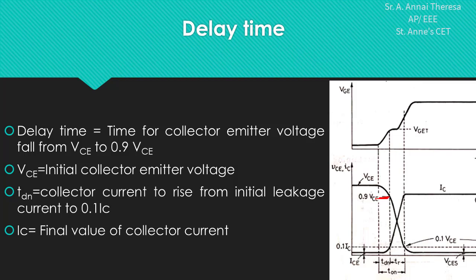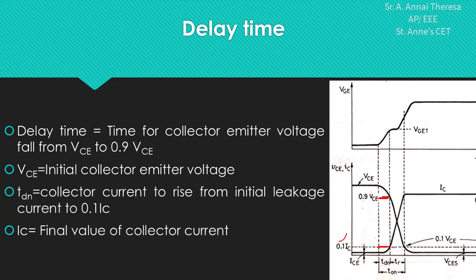Here VCE is the initial collector emitter voltage. At this condition, what about IC? The current rises from its leakage current to 0.1 IC. See here, this is 0.1 IC. So this is the duration, that is delay time.